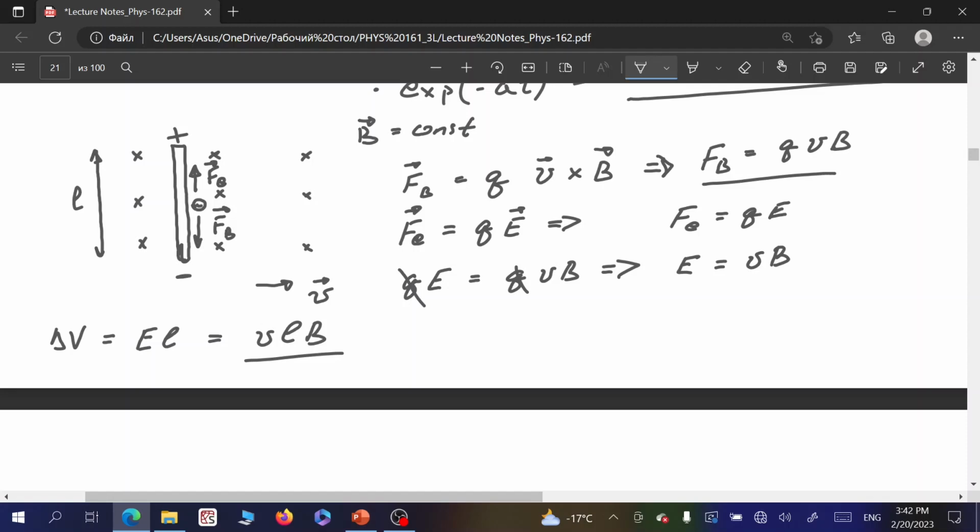So obviously, if we connect this mobile straight conductor to some conductive rails and connect them to a load resistor, there will be some current flowing in this circuit. So we will form an electric circuit. It will look like this. Say we have some resistor, we have conducting rails.